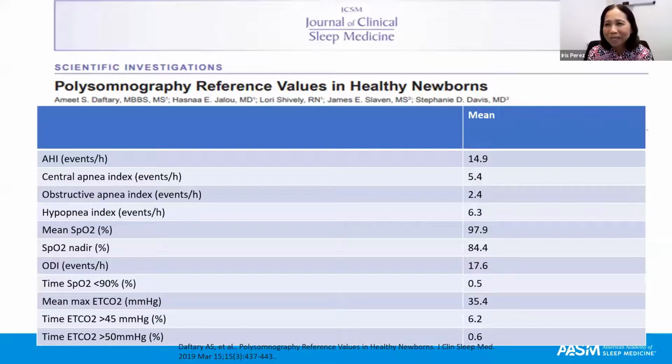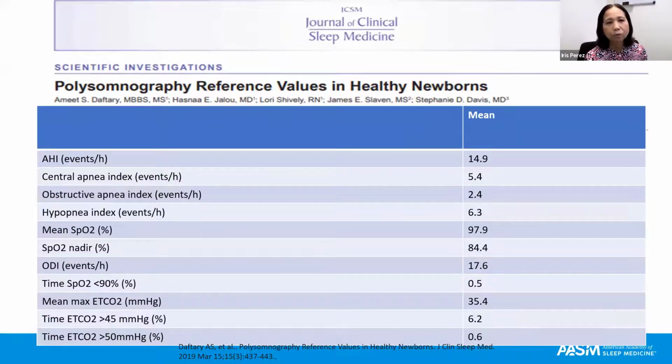However, more recently, we now know that infants can actually get better as they grow. There can be improvements, and Dr. Daftari and his team looked at the polysomnography of infants who were born at 37 to 42 weeks. So these are termed healthy infants, and they looked at their sleep studies that were performed before 30 days of age.